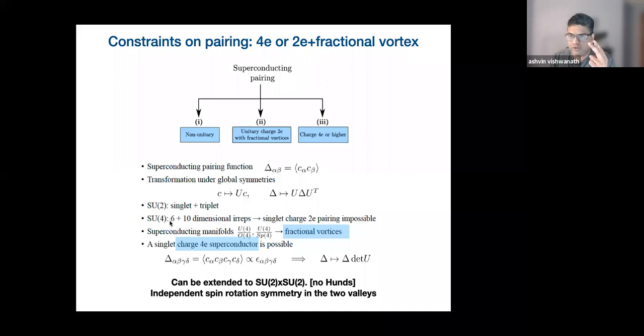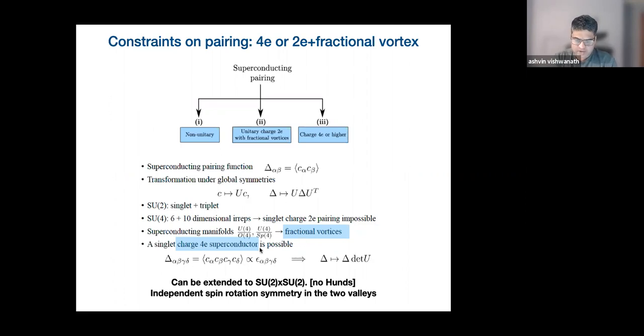You have two fermions that transform under SU4, you put them together, and you cannot get a singlet. You have to get something that transforms under either the 6 or the 10 dimensional representation of SU4. It essentially tells you that the charge 2e condensate always breaks the SU4 symmetry. Then the pairing manifold you get is non-trivial, and it's easy to see it admits fractional vortices.